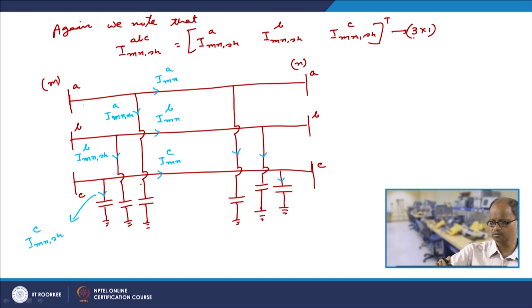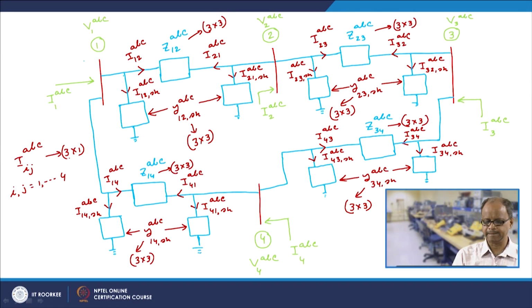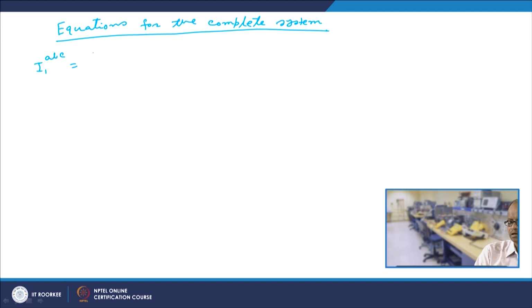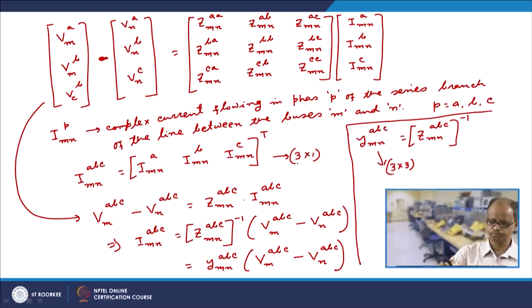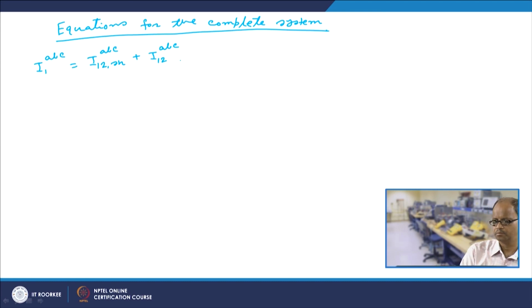Therefore, we can write I1 ABC is equal to I12 SH ABC plus I12 ABC plus I14 ABC plus I14 SH ABC, and so on. This is from applying KCL.